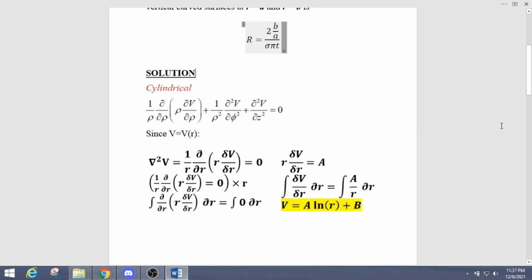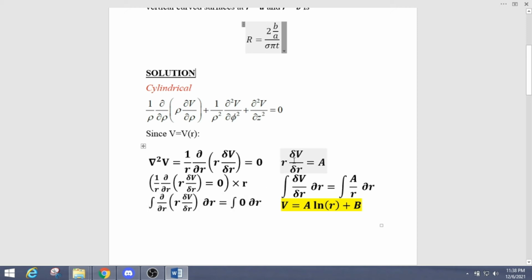The solution is, we use the cylindrical equation. So this is the cylindrical equation. Since V depends only on r, we need to derive it. First we multiply both sides by r, and then we integrate both sides.